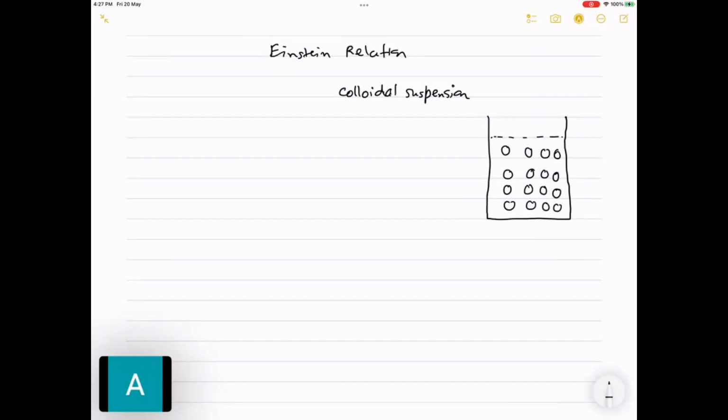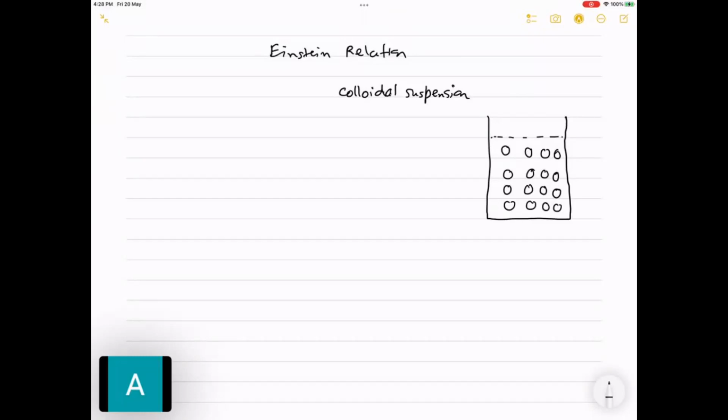If you take a colloidal solution or suspension in a container, these colloidal particles will never sediment. They will never go to the bottom of the container. They will always remain suspended in the liquid, right? So that is the unique property that a colloidal suspension has.